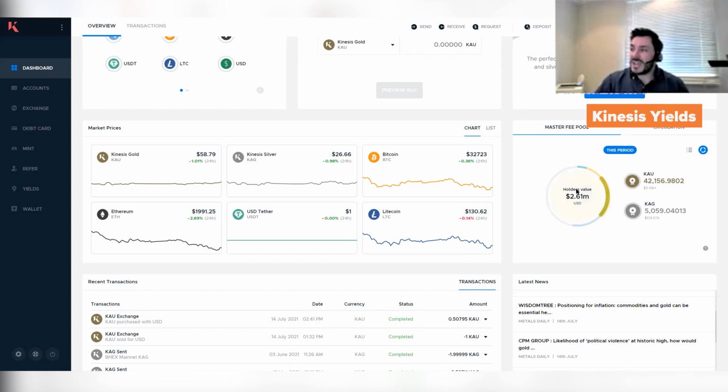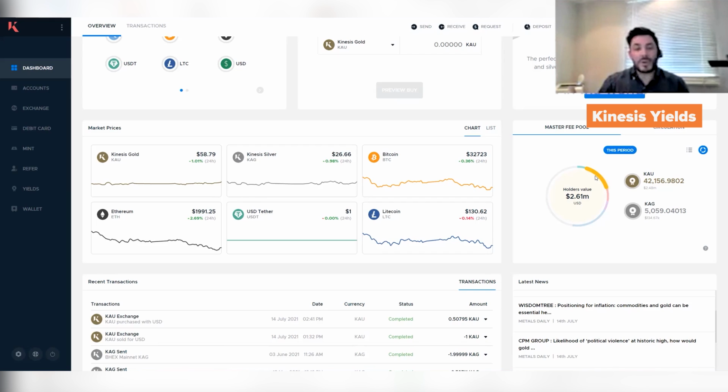You can see here there's a master fee pool, a minter's fee pool, and a holder's fee pool. In the holders fee pool, there's $2.61 million worth of gold waiting to be distributed to our holders of gold coming up next month.